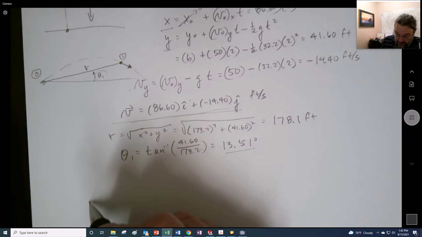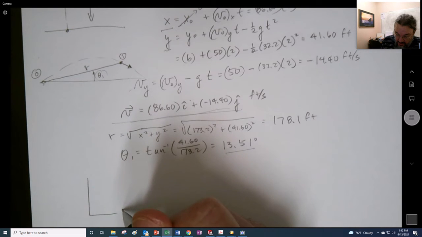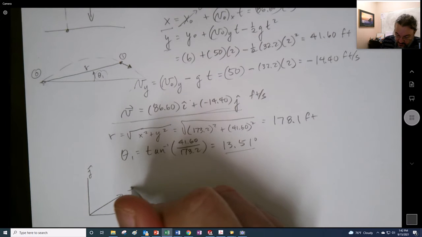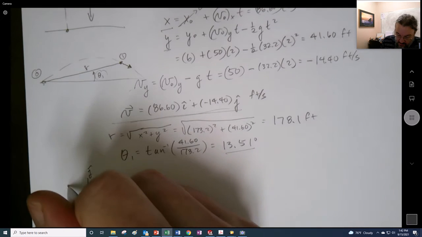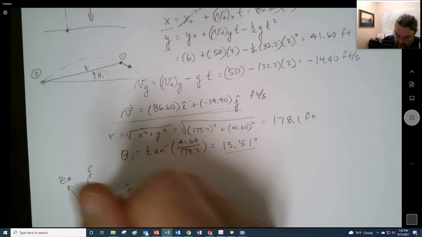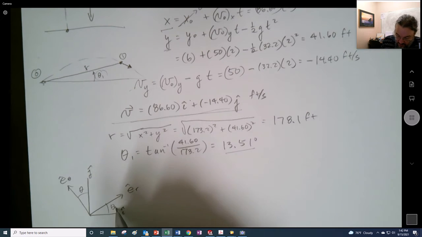So we want to do a coordinate transformation, right? So here's our I and our J, and here's going to be our ER, and then the E theta is going to be this way right here, and here is the angle 1. So we've got to be careful.